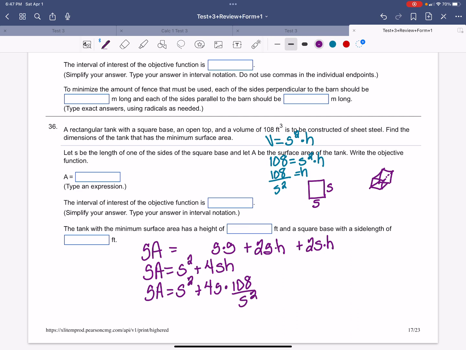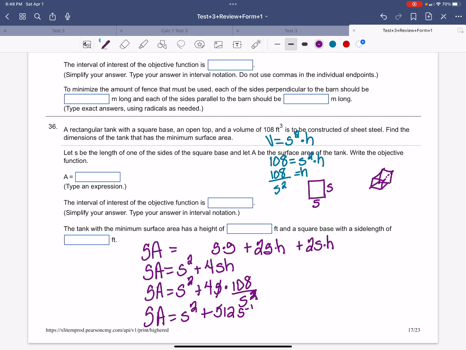Now I'm going to multiply 108 times 4, and that's going to give me 432. Then S and S squared cancel, so that's an S in the denominator, and I'm going to rewrite that as S to the negative 1.